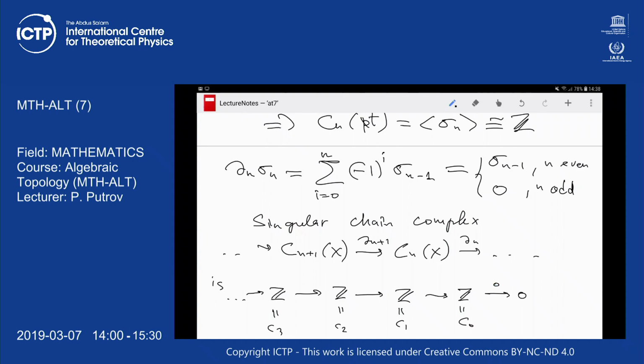Of course this map is 0, but then we showed that D1 acts as, for n even, it is just the identity, and for n odd, it is the trivial map.